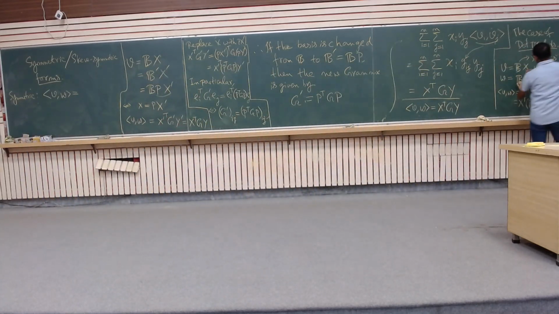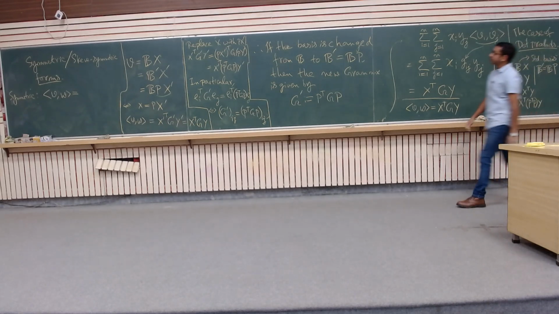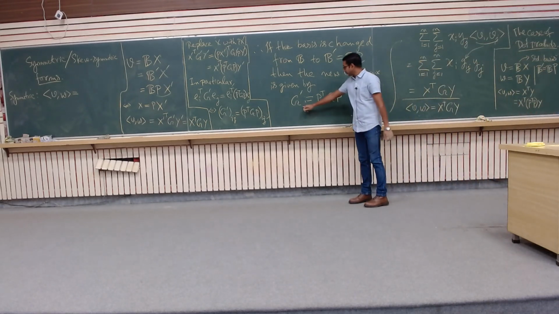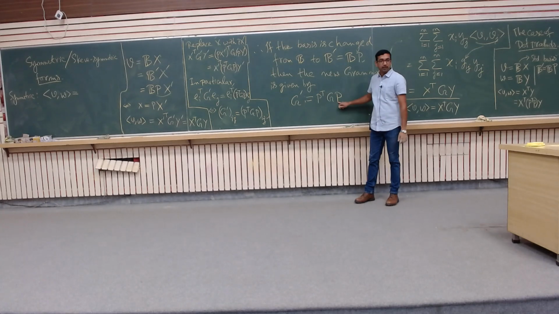The last part is this one. B was the standard basis, and you are going from B to B dash by changing it with some matrix P. And then we know how the gram matrix changes, right? It changes by P transpose GP.